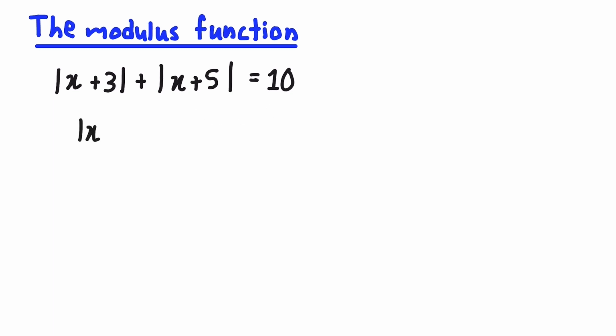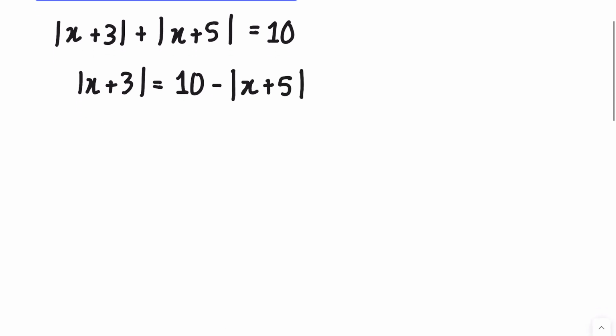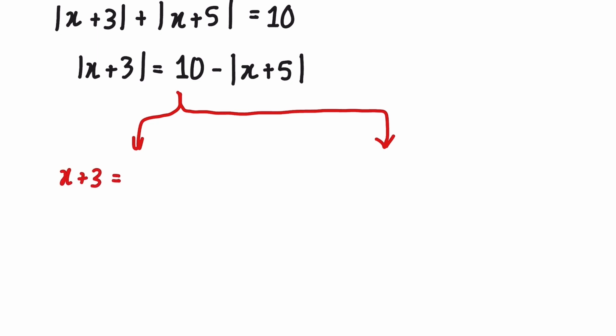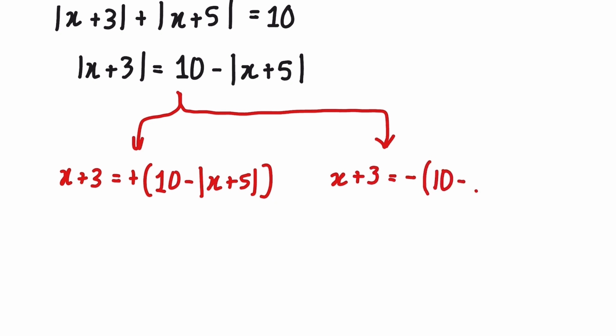So we'll do modulus x plus 3 equals 10 minus modulus x plus 5, and then we could separate this equation so that x plus 3 would equal positive 10 minus modulus of x plus 5, or it could equal x plus 3 equal negative of 10 minus modulus of x plus 5.